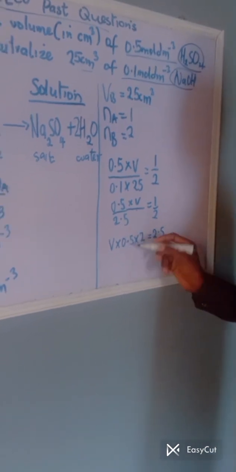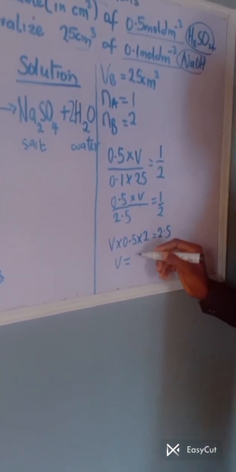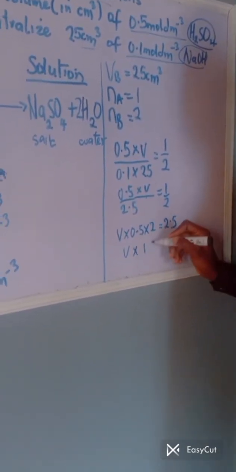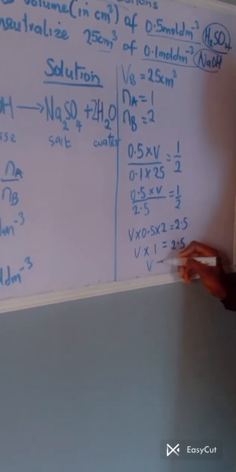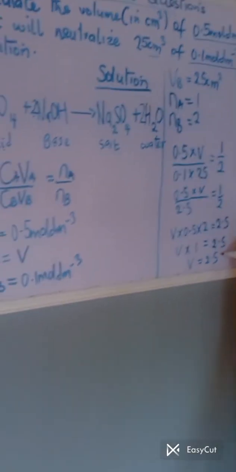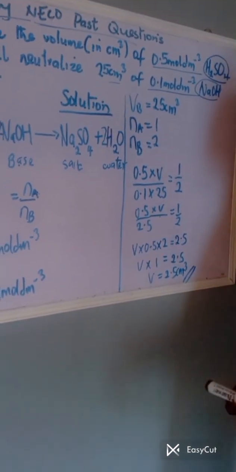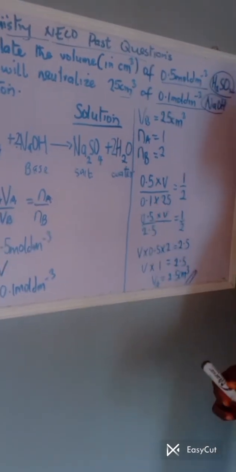Now 0.5 times 2 is 1. So V times 1 is equal to 2.5. So V times 1 is V, so V is therefore equal to 2.5. And since we are talking about volume, it's in cm³. So that's the answer we are looking for. The volume of the acid, V, is actually 2.5 cm³.